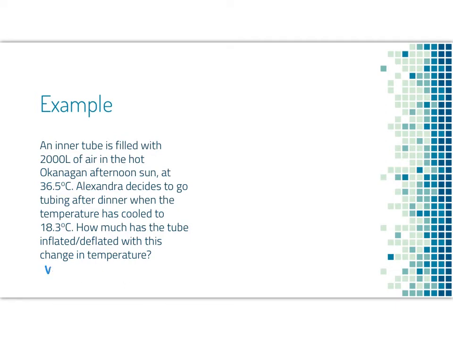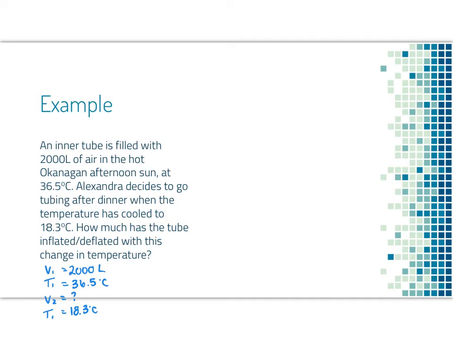We have the initial volume and the initial temperature. So 2,000 liters and 36.5 degrees Celsius. V2 is what we're looking for, and T2 we were given. Now, pressures weren't mentioned, so we can assume that they are held constant.